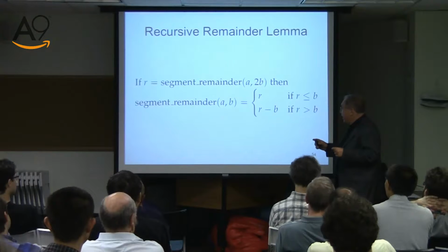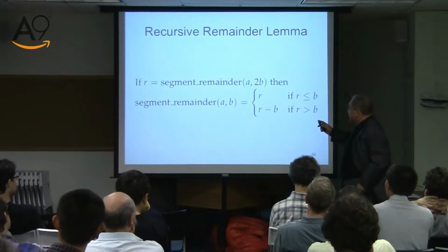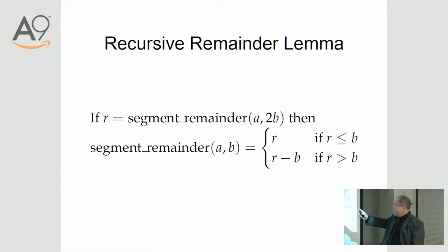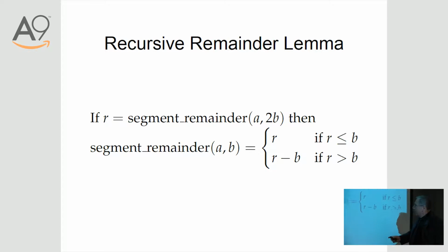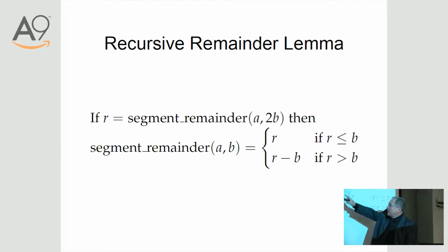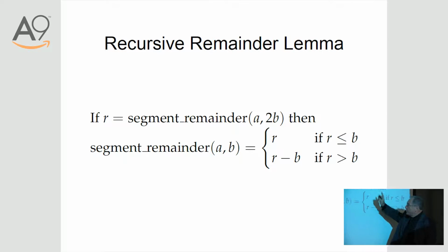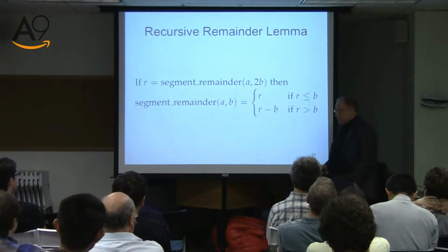And in order to do that, we rely on the following marvelous property, that a remainder of dividing a by b could be determined if we know the remainder from dividing by 2b with a very simple rule. If the remainder is less or equal than b, our Greek remainder doesn't go from 0 to n minus 1.